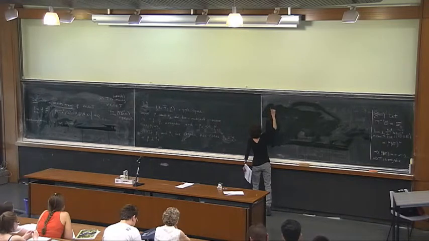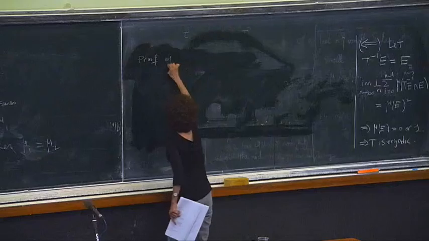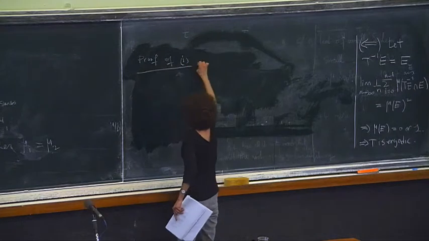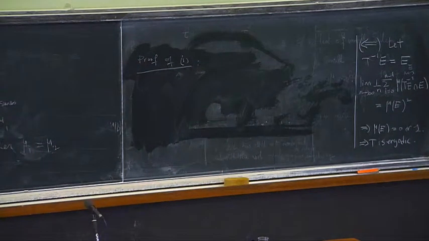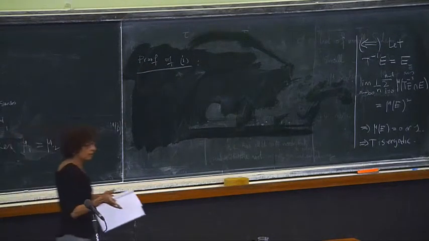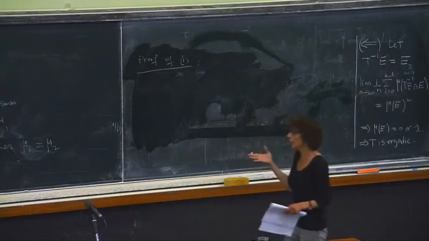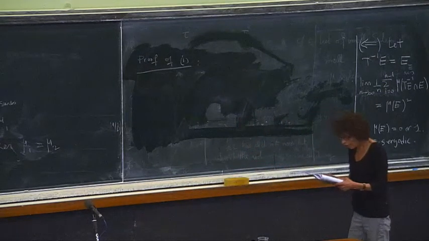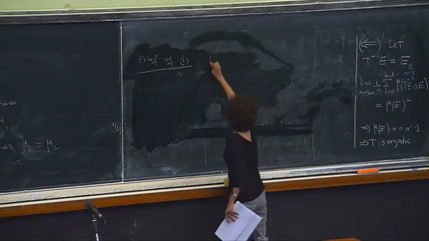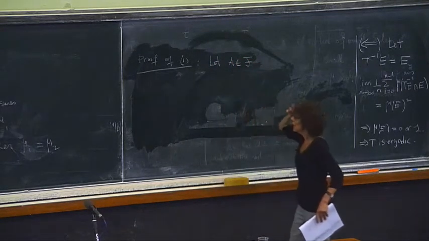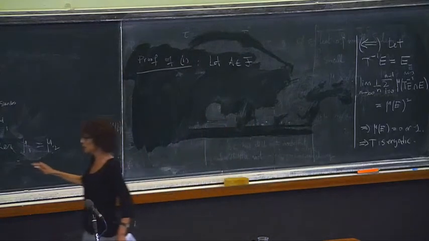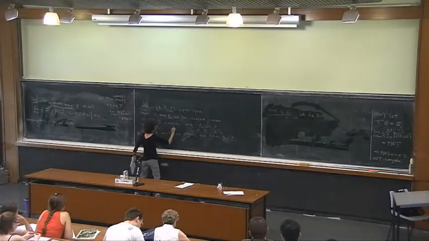Proof of 1. Okay, so I want to show that these two measures are the same. So I want to show that for any set A, mu1 of A equals mu2 of A. So I pick any set A in F, and I exploit the ergodicity of mu1.